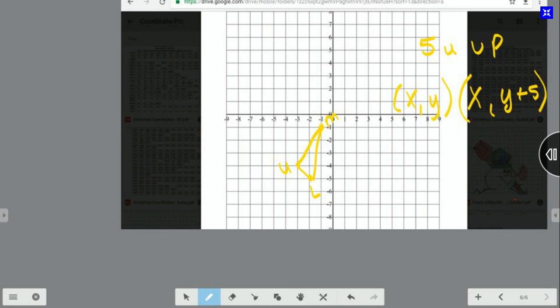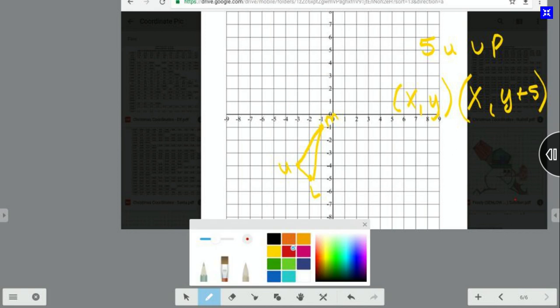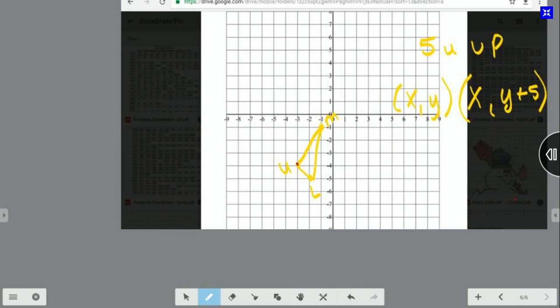Okay. Everybody goes up 5. I'm going to get a different color. Here's my U. 1, 2, 3, 4, 5. U prime. L. Everybody up 5. 1, 2, 3, 4, 5.